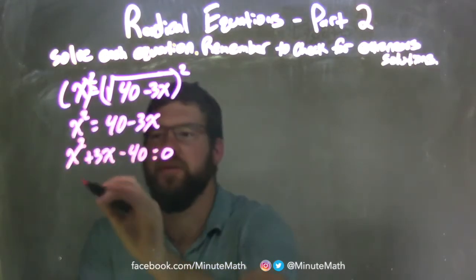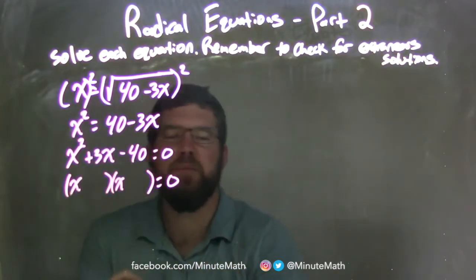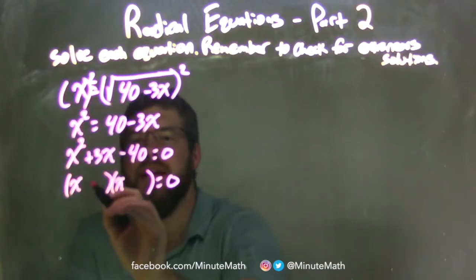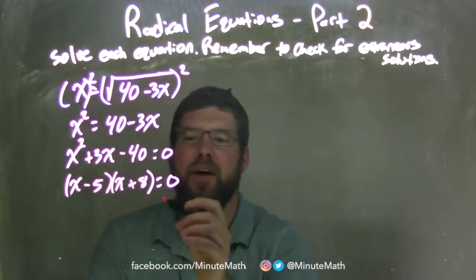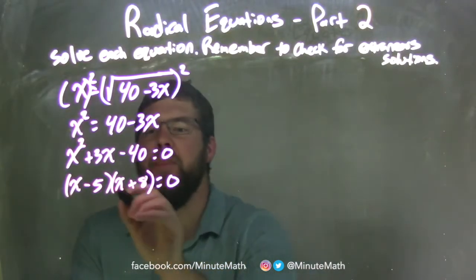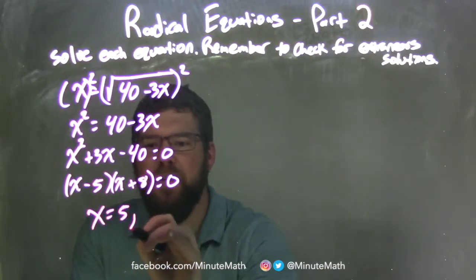Now I need to factor. We have x here, x there. What two numbers multiply to be negative 40 but add to be 3? We're looking at a negative 5 and a positive 8. Right? Negative 5 times positive 8 is negative 40, but when I add those two together, I get positive 3. When we set both of these parts equal to 0, we're left with x equals 5 and a negative 8.